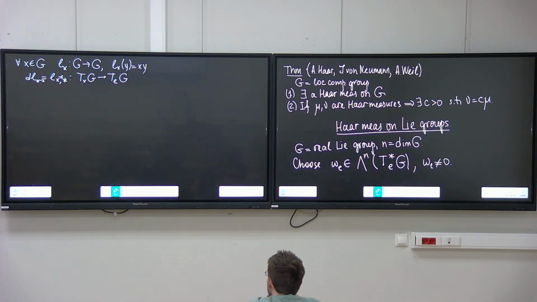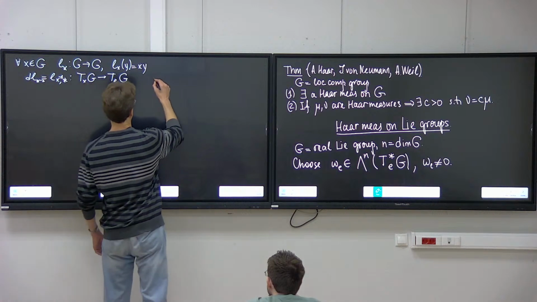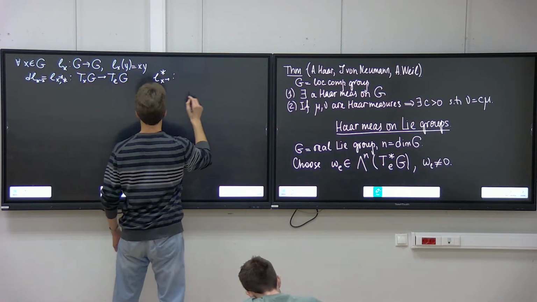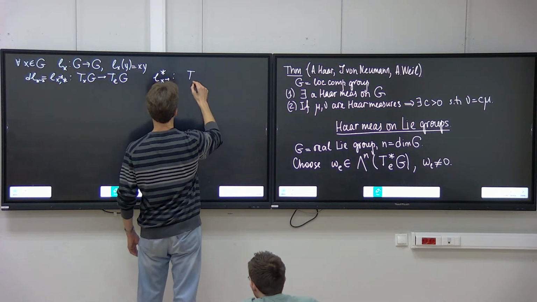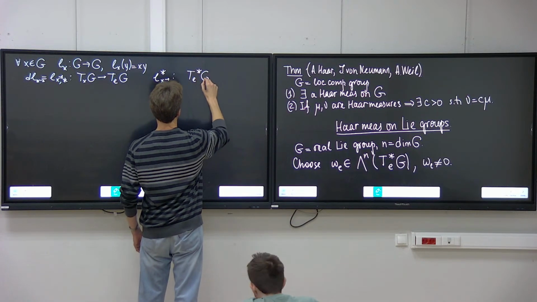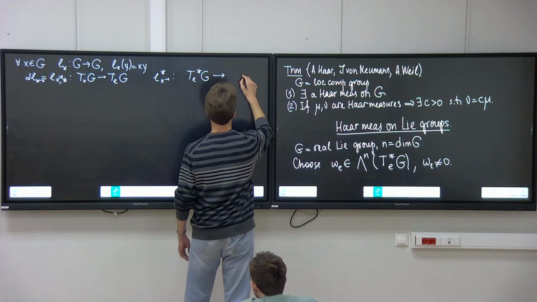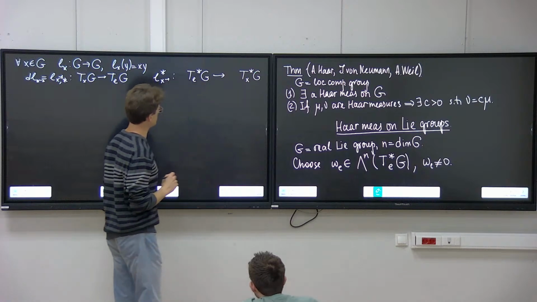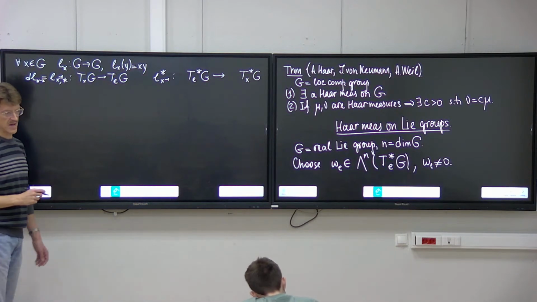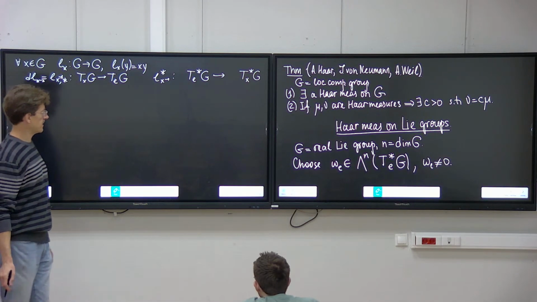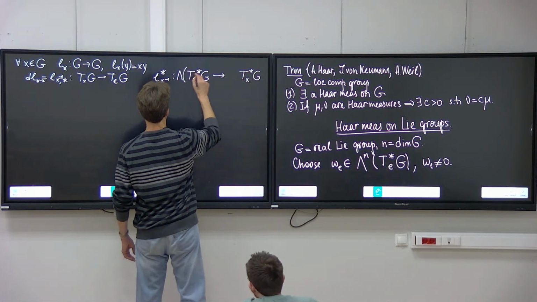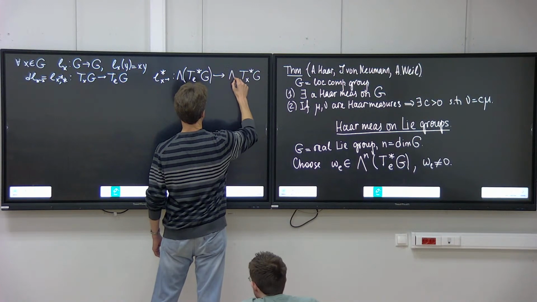Now we take the dual map, Lx inverse star, which acts from the cotangent space at the identity to the cotangent space at x. So this is a linear map. We naturally extend it to the exterior algebra of the space.